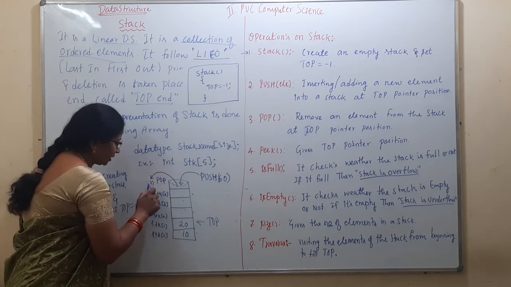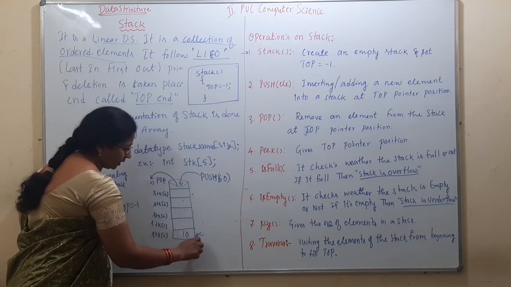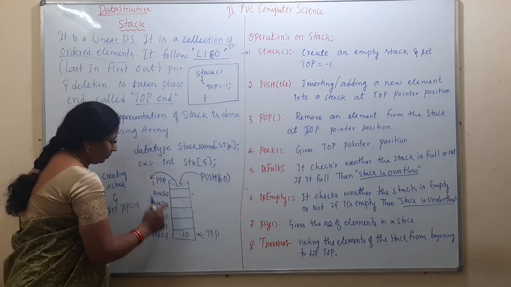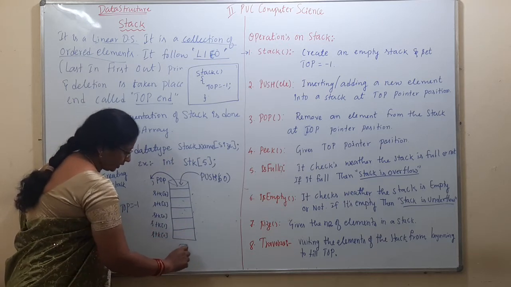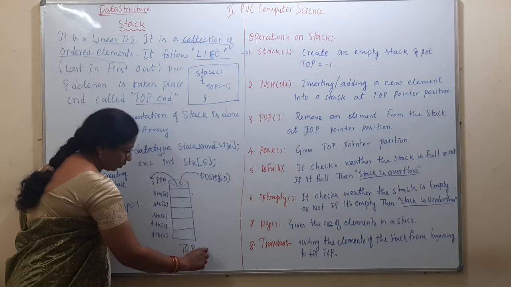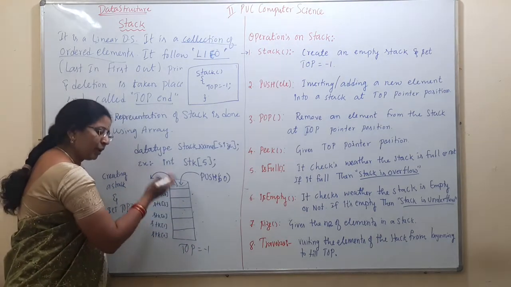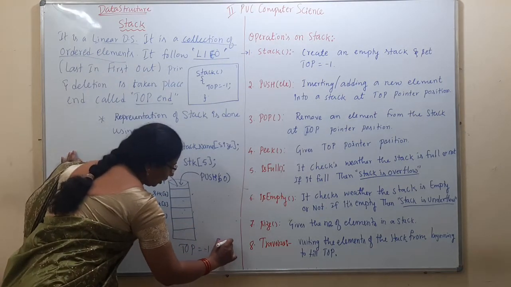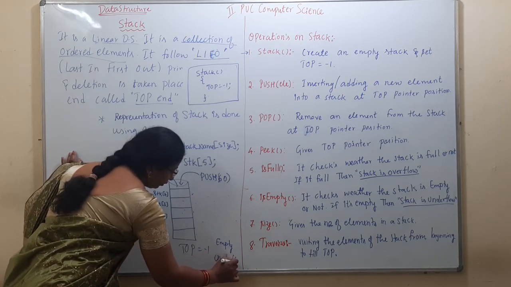Then element 20 is eliminated. Then once again, it is 10 now, and it is eliminated. Then automatically the top pointer is set to -1. When it is -1, if you try to remove one more element, it will display the message called stack underflow.